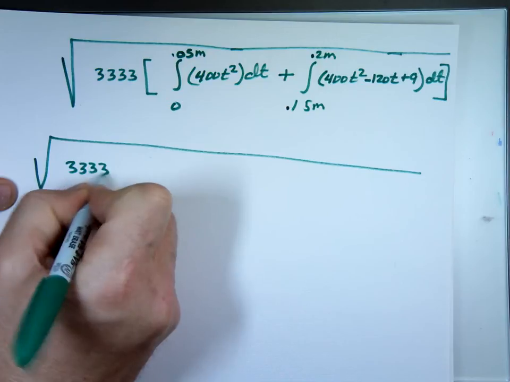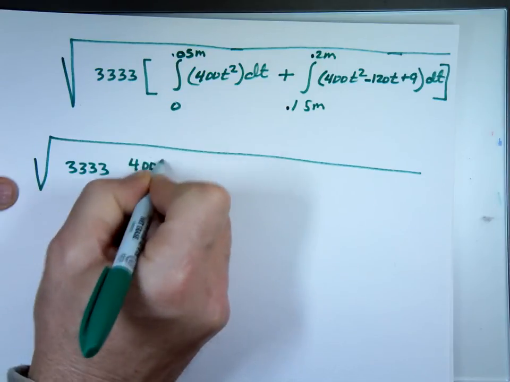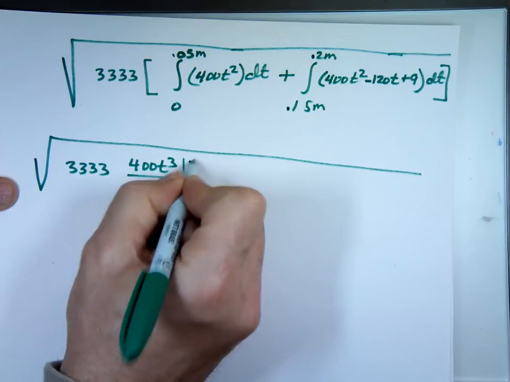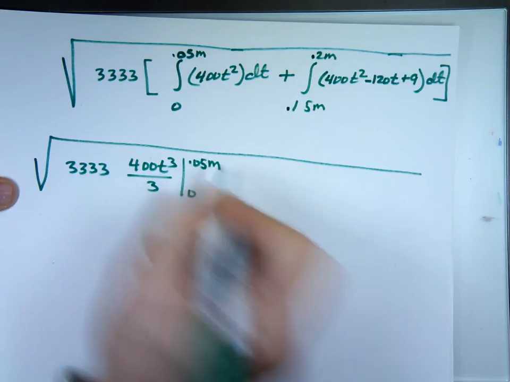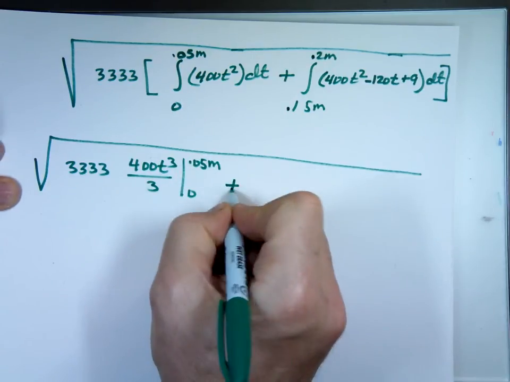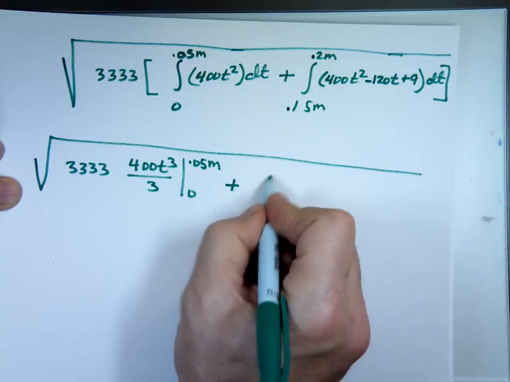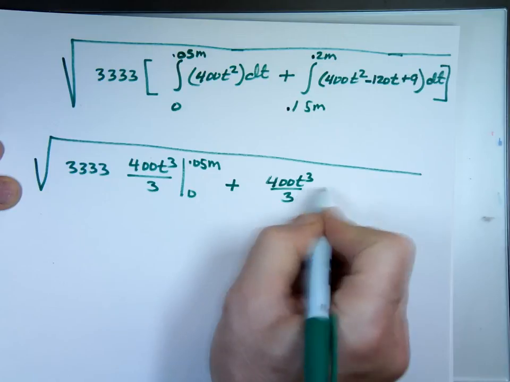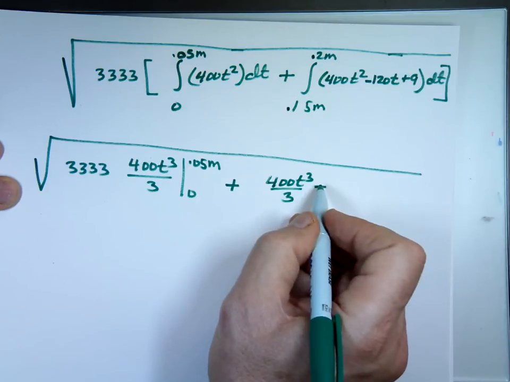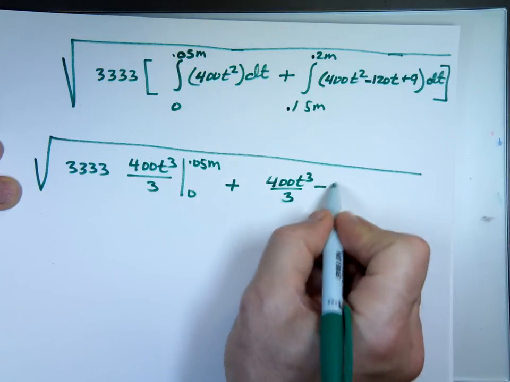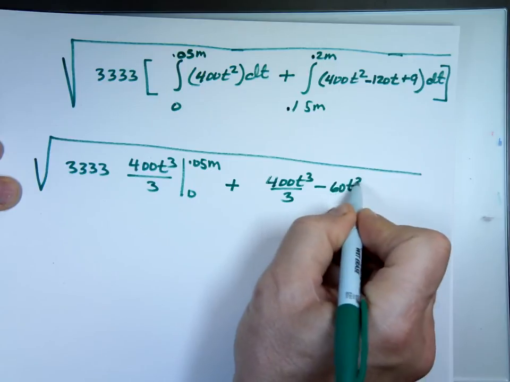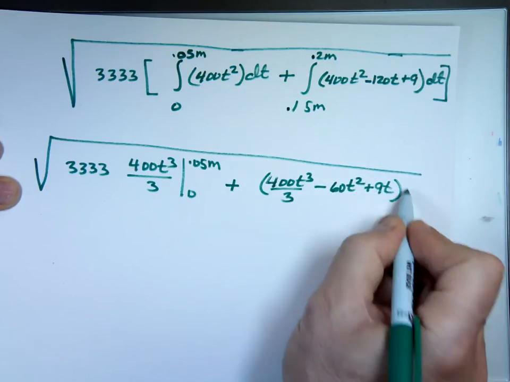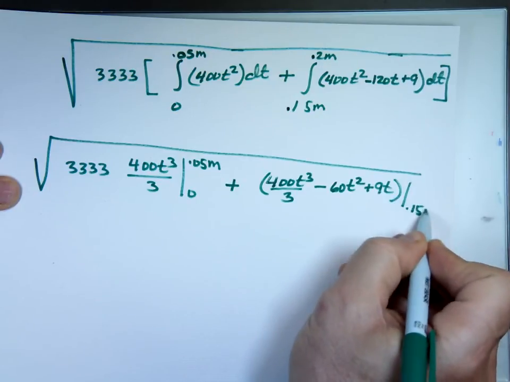This is 400t cubed over 3 from 0 to 0.05 milli. Plus, let's integrate that. 400t cubed over 3 minus 120t squared over 2, that's 60t squared, plus 9t, and it's going from where to where? 0.15 milli to 0.2 milli.